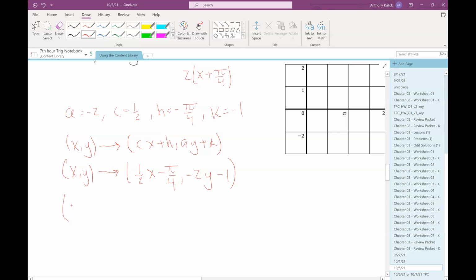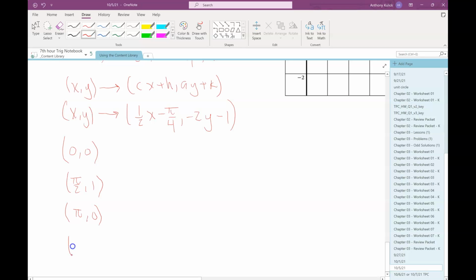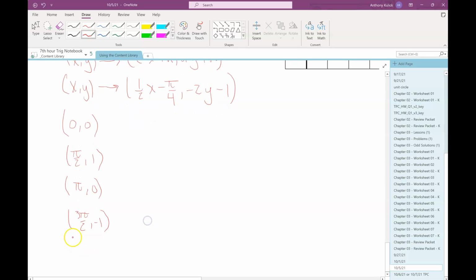And now I'm going to use my key points that I listed before. There are 5 of them. To get my next point, I'm going to take my x value, plug it into x, and then take my y value and plug it in for y.